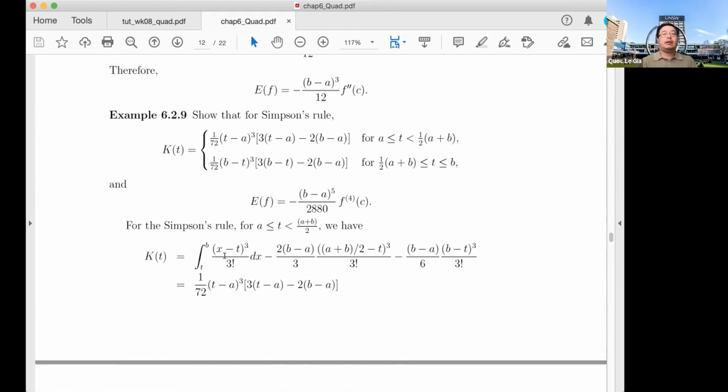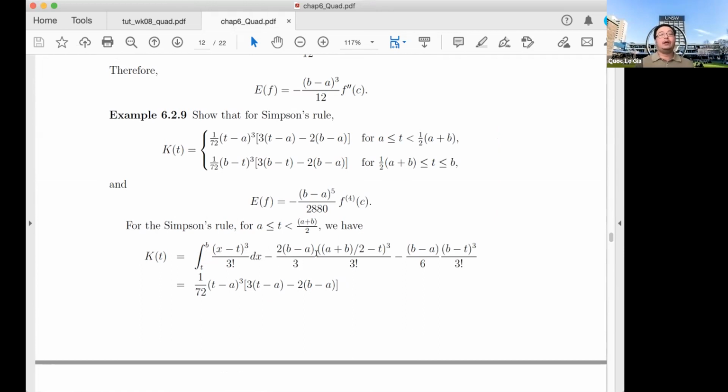So you can have a look into the lecture notes and do it again. So this is the formula for the Peano kernel. Because the rule has degree of precision 3, that's why you have power 3 here divided by 3 factorial.